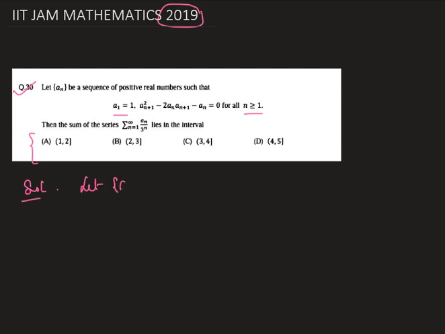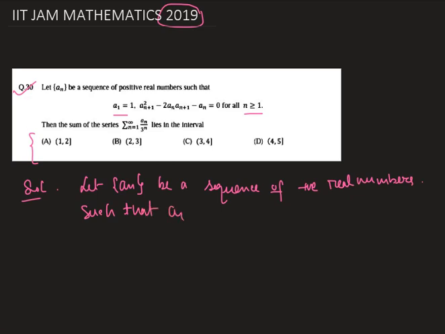Let a_n be a sequence of positive real numbers such that a1 is equal to 1 and a_{n+1} square minus 2 a_n a_{n+1} minus a_n is equal to 0 for all n greater than or equal to 1.